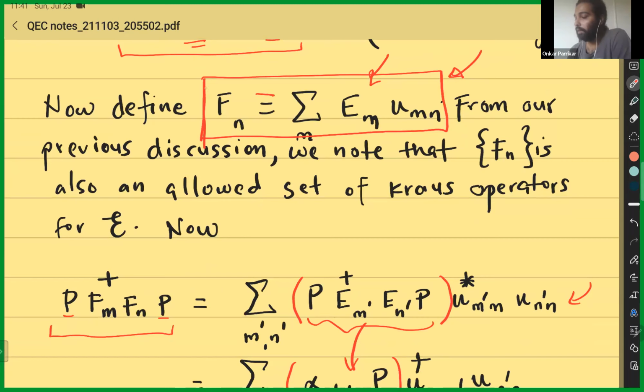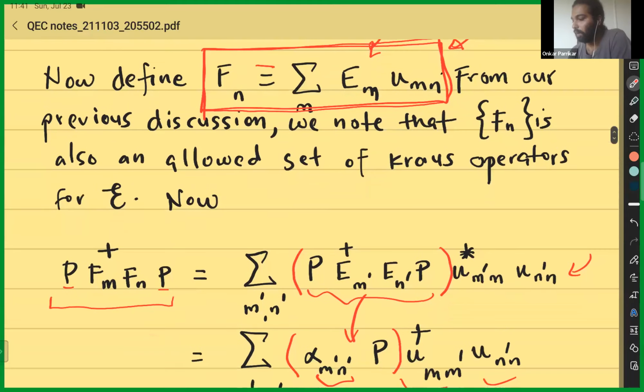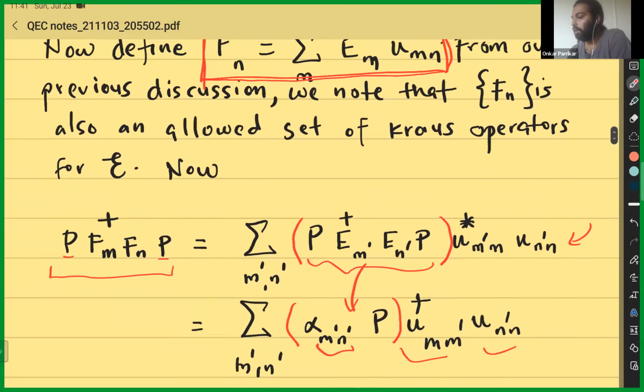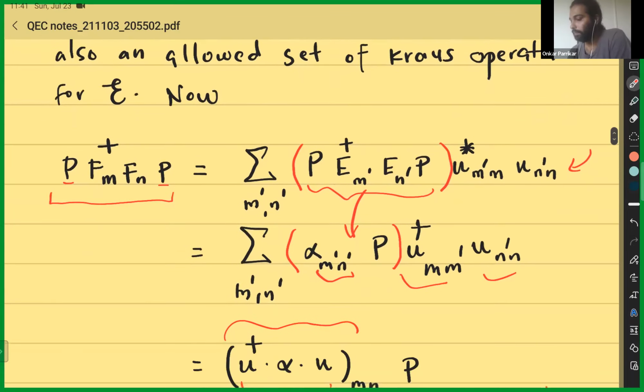So remember that these F_n here are a different set of Kraus operators for the same error channel. And we discussed this yesterday. When you do this kind of an operation on the Kraus operators, you get back the same quantum channel. Okay. And now, think of these F_n just as a convenient set of Kraus operators for the error channel. It's the same error channel, let me emphasize.